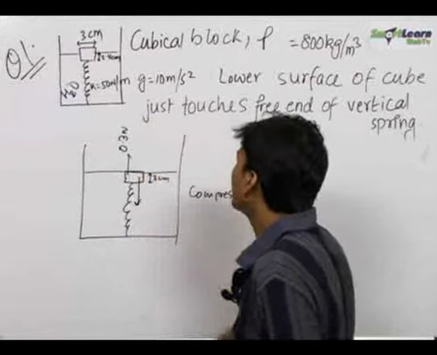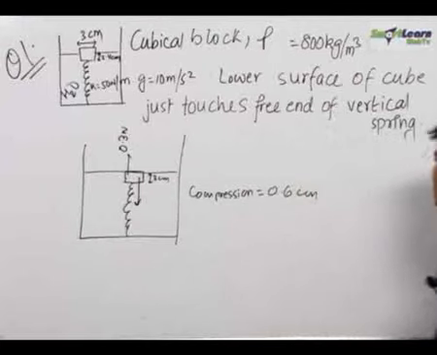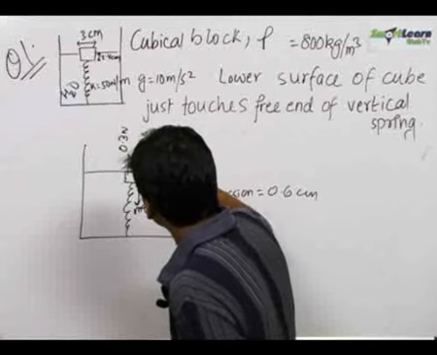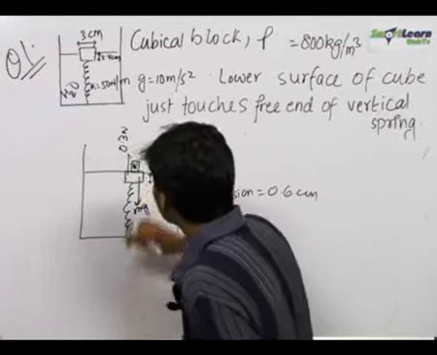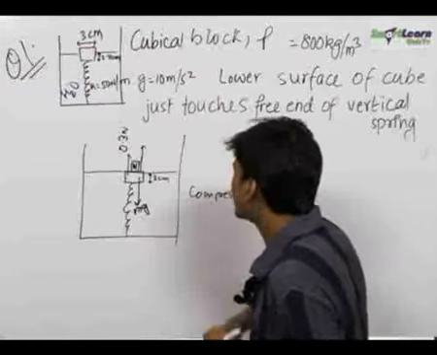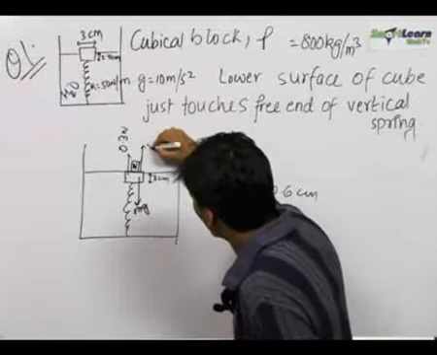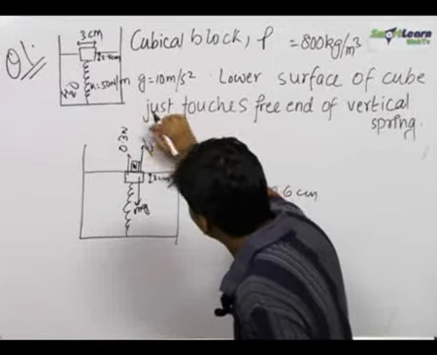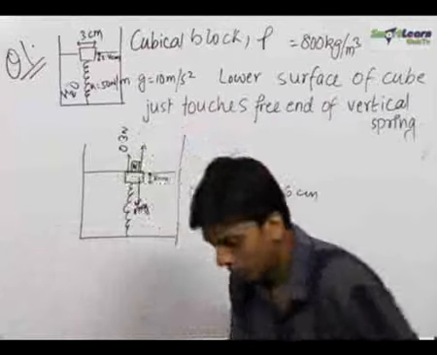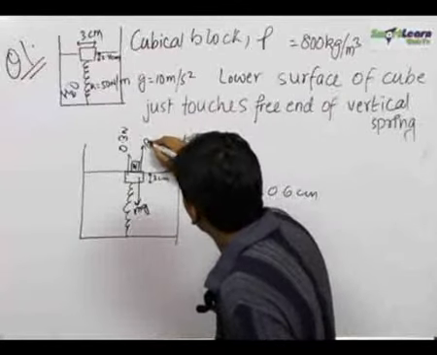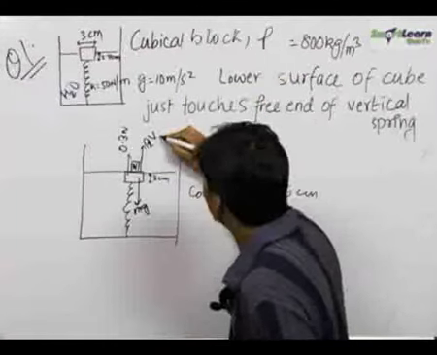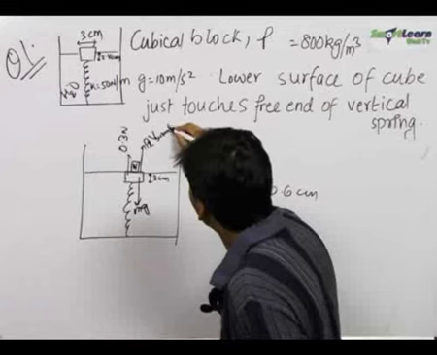The mg acts below, and there will be a buoyant force. Now the weight kept is w, which is the maximum weight. There will also be a buoyant force acting on this object, that will be equal to rho liquid, that is 1000, into v submerged, that is 27 into 10 raised to the minus 6 meters cube, into g.